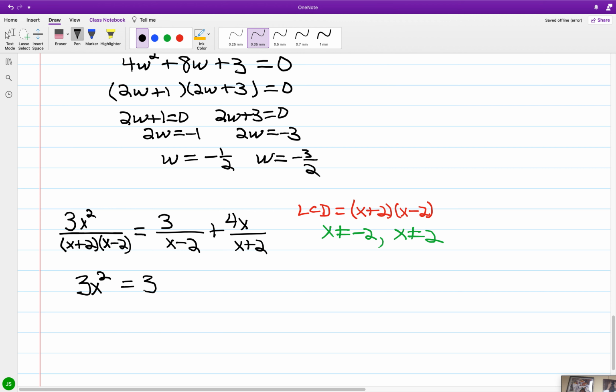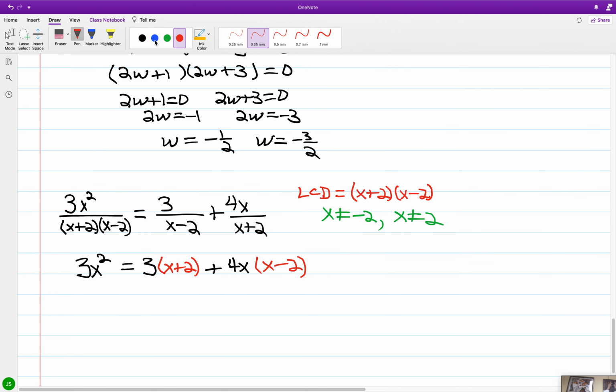Now for 3 over x minus 2, if I multiply by the least common denominator, x minus 2's would cancel, but I'll still have an x plus 2 factor left over. And as for 4x over x plus 2, if I multiply this ratio by the least common denominator, x plus 2's would cancel, but I will still have 4x distributed over the quantity of x minus 2.